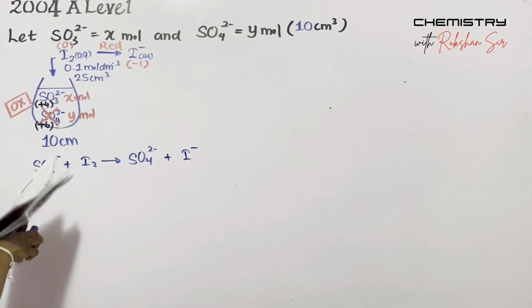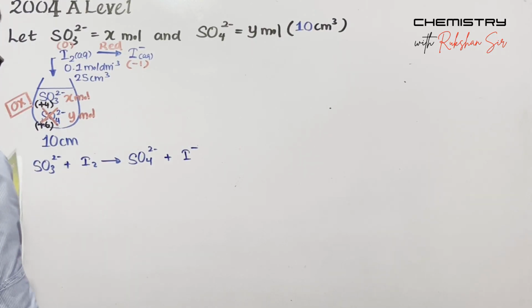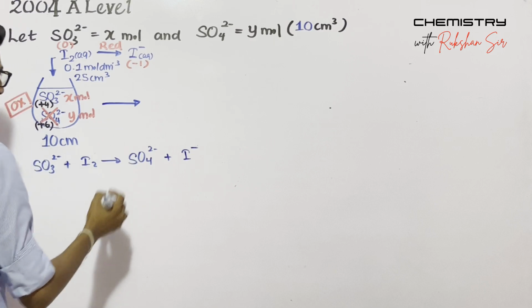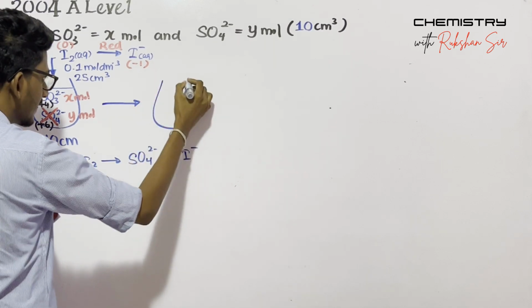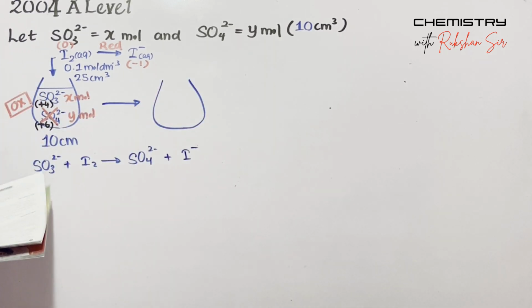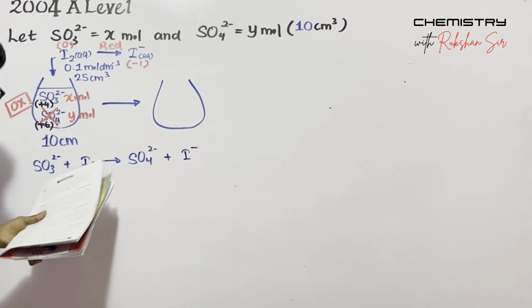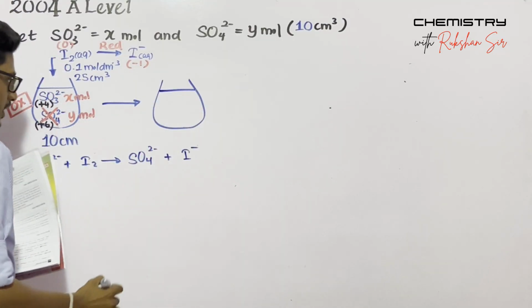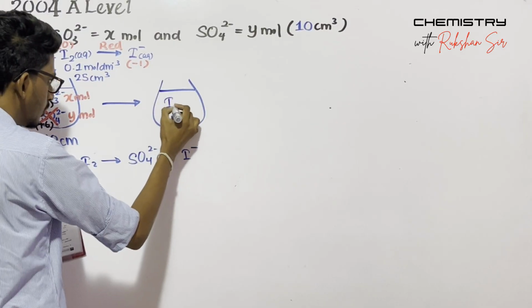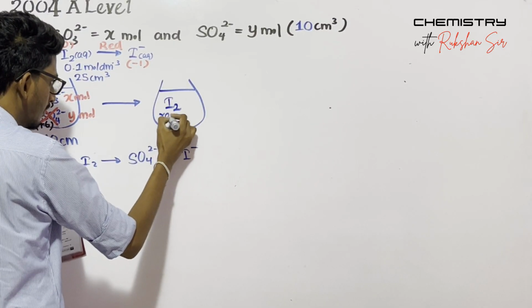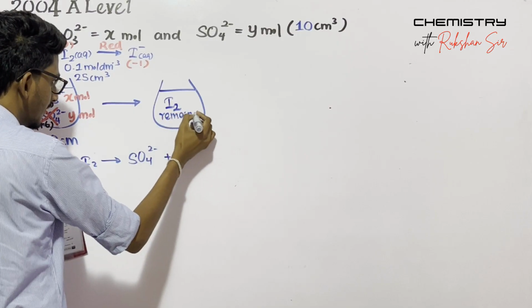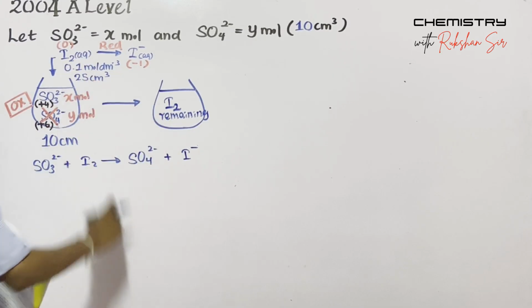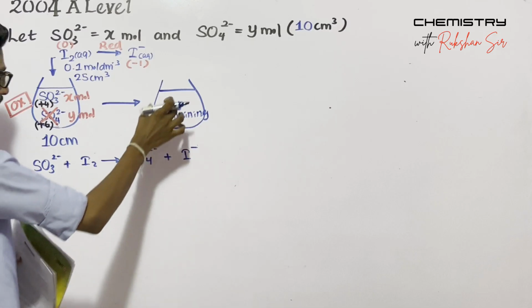After this reaction, they have taken the solution and are saying to completely react with the I2 remaining. They are talking about I2 remaining, so that means you have added in excess here. That is why you need to discuss I2 remaining.